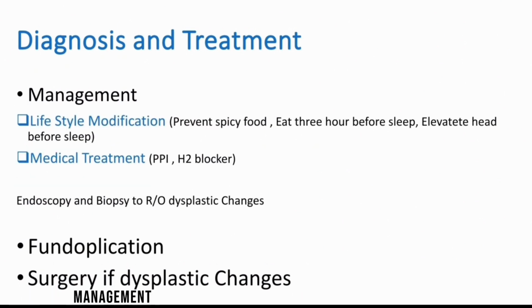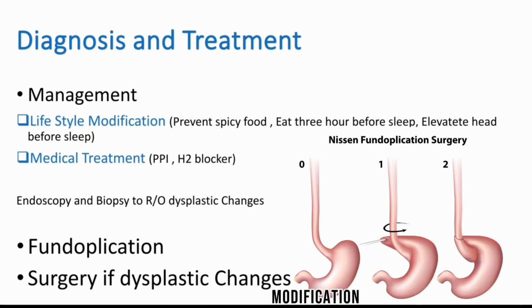Now, the management includes a lifestyle modification and also medical treatment. So, regarding the lifestyle modifications, we have to avoid spicy foods, especially those, and eat 3 hours before sleep, elevate the head before sleep. And regarding the medical treatment, we can have PPIs or H2 blockers, of course, or antacids.